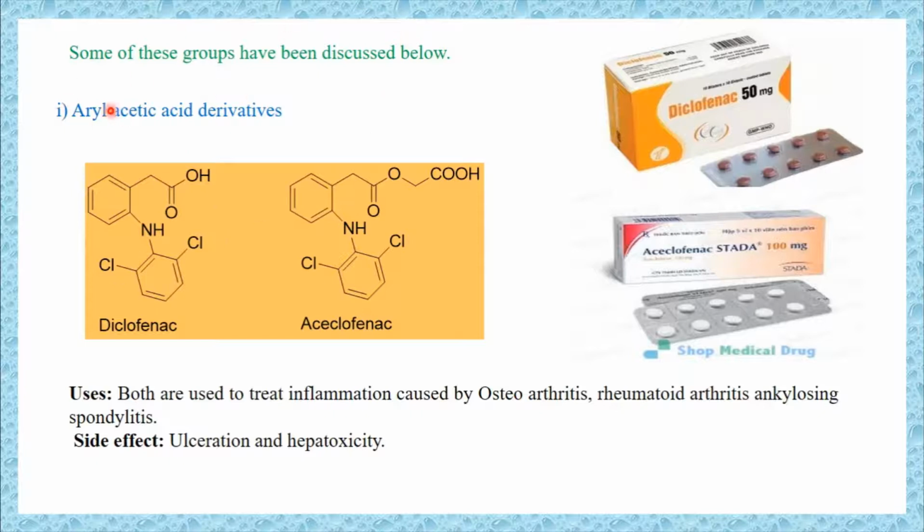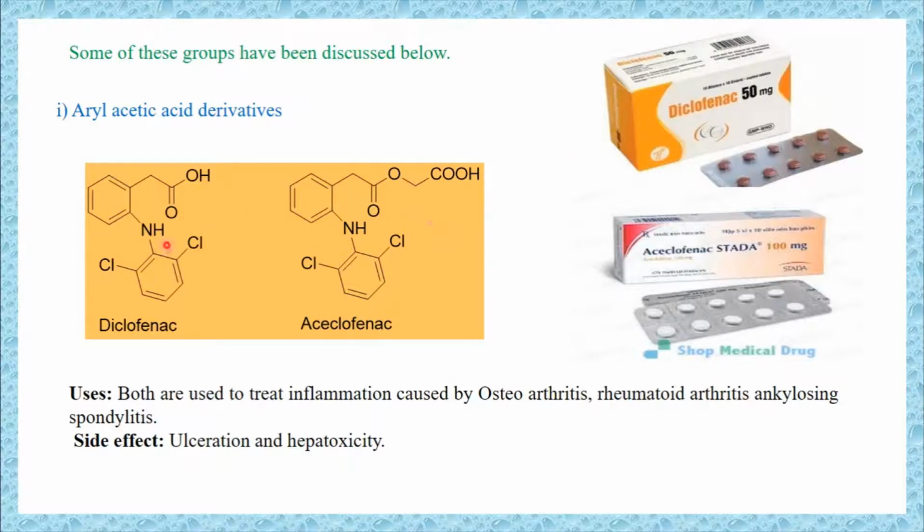We will start with aryl acetic acid derivatives. Examples are diclofenac and aceclofenac. We have seen these in medical stores. Doctors prescribe them when a person suffers from inflammation, such as redness, heat, swelling or pain.